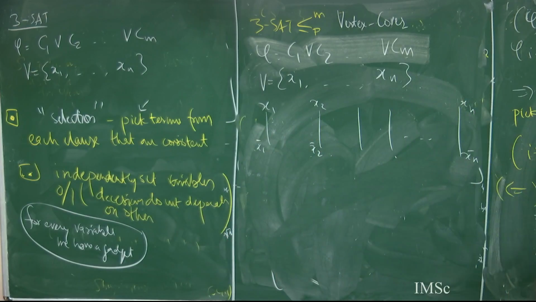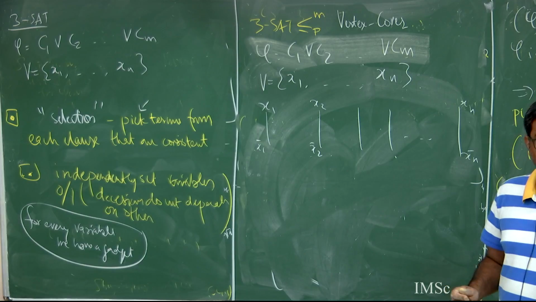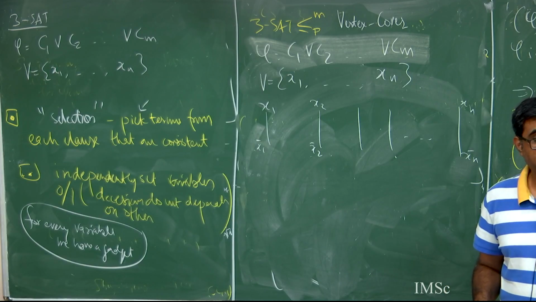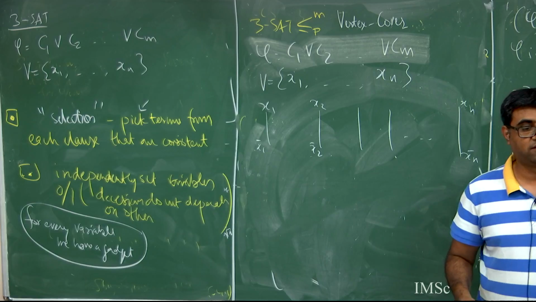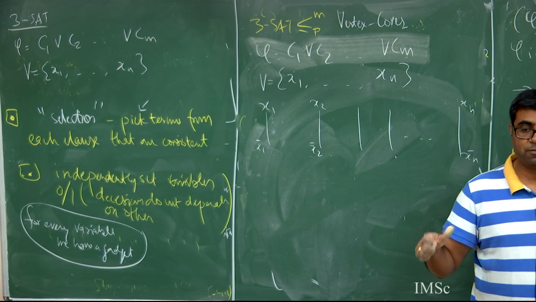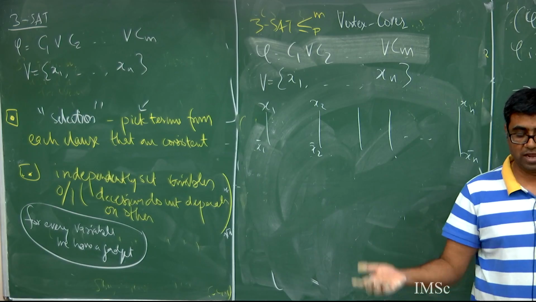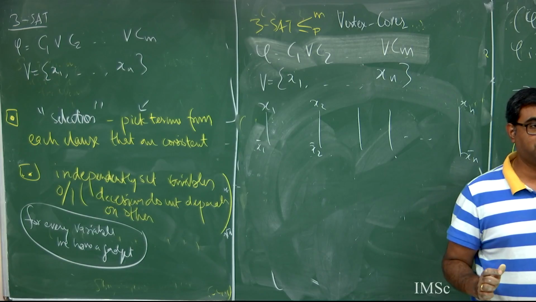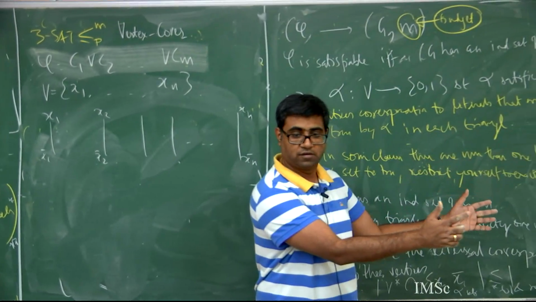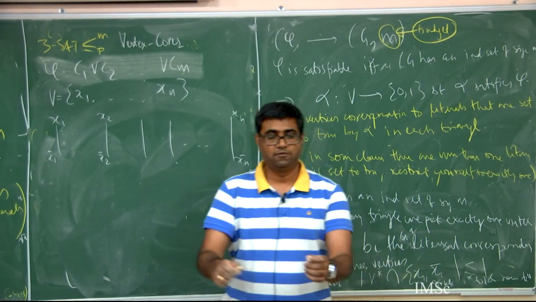But now you have to add gadgets corresponding to clauses such that only assignments which satisfy the formula can get propagated, right? And that is the role of the clause gadget. It's not the role of the variable gadgets. The role of variable gadgets is only that for every possible assignment there is a way to choose. It provides you in some sense a bijection between the state space of your gadgets and assignments.